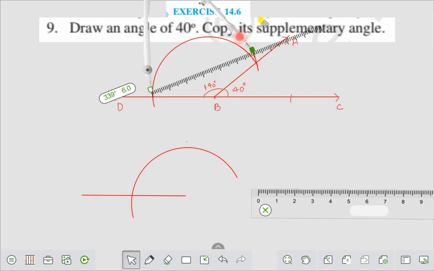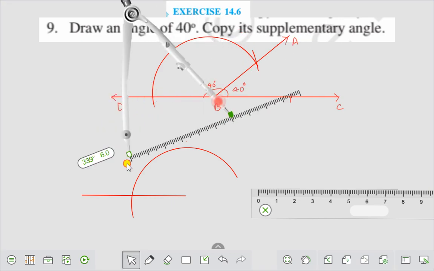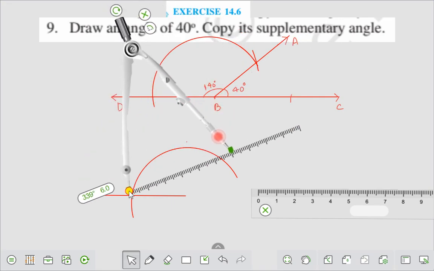Now don't disturb the length of this arc. Take this point exactly at this point, and draw an arc here.